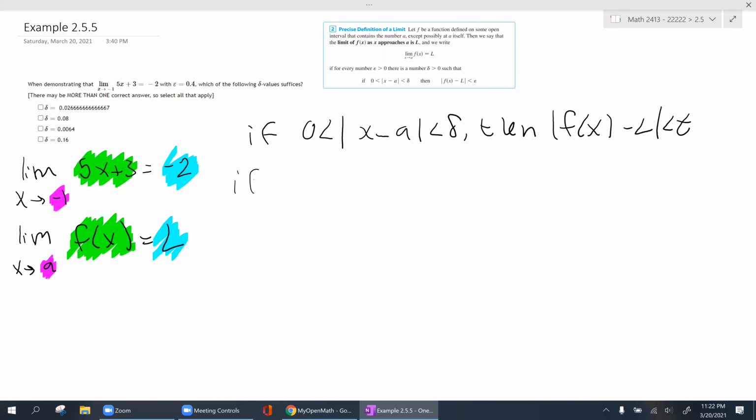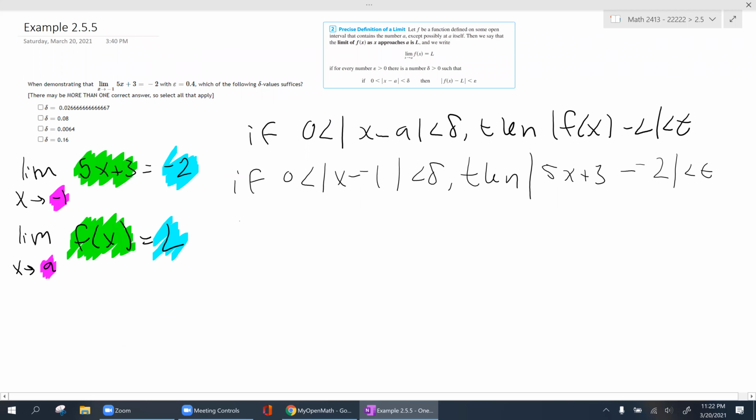So this means if 0 is less than x minus -1, less than delta, then that function 5x plus 3 minus the limit, my limit being -2, is less than epsilon. So we said we're going to polish things up and simplify.